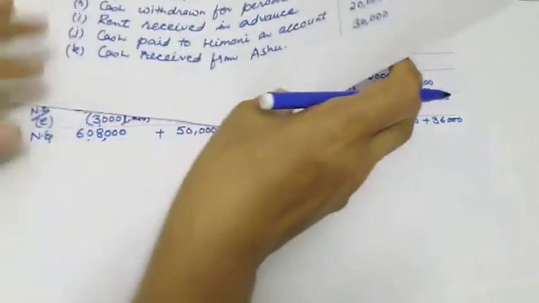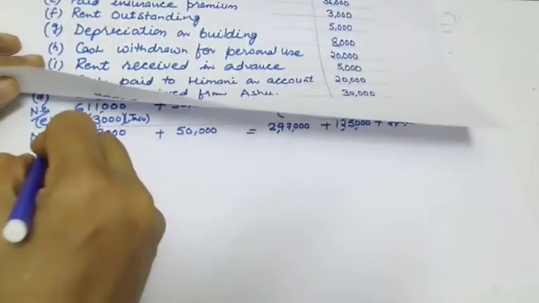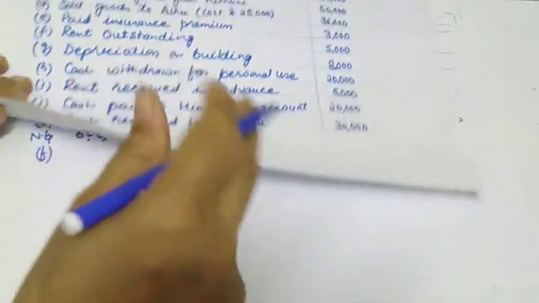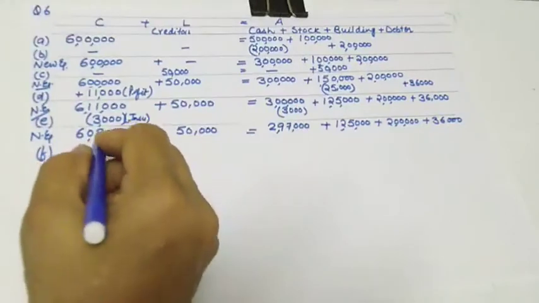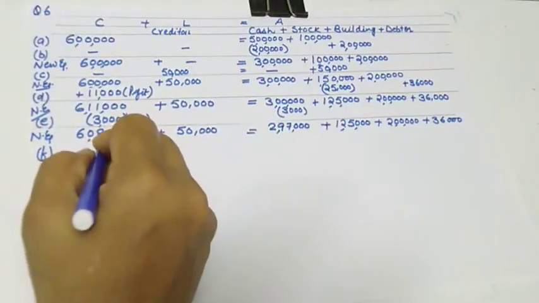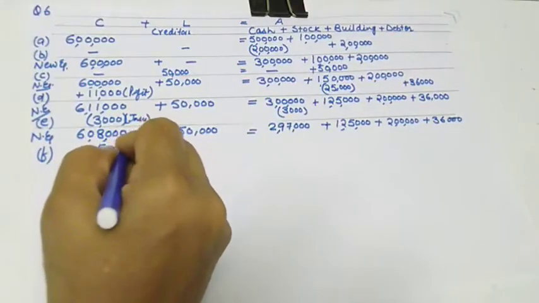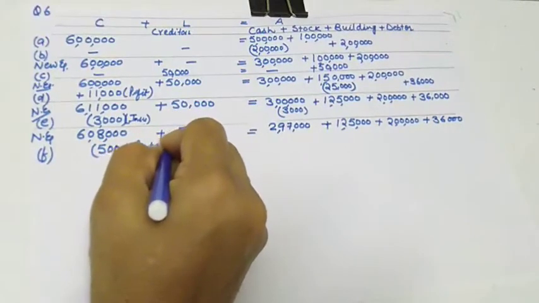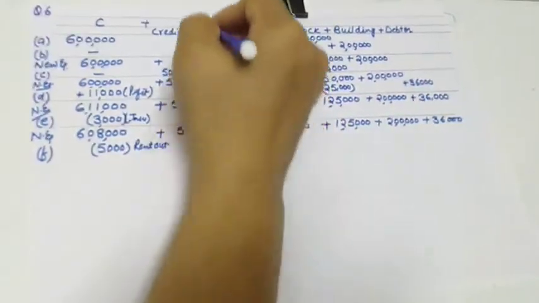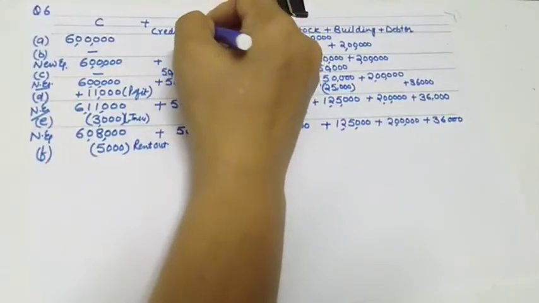This is rent outstanding, transaction number F. So what is happening to rent outstanding? 5,000. So this is your expense. It is to be deducted from the capital, and a new liability will appear. What is the name of this liability?